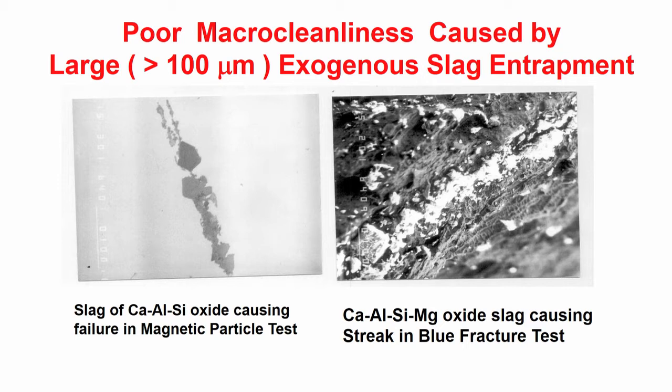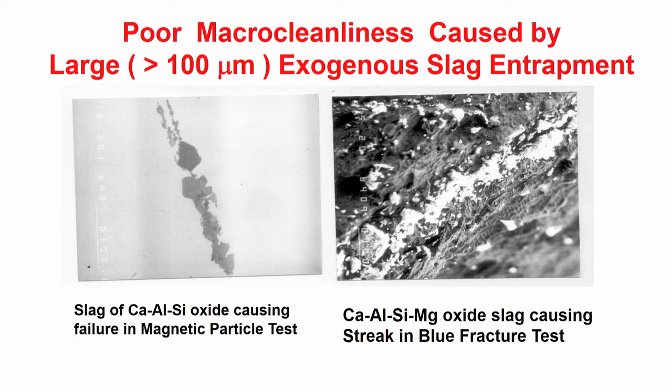So, I am giving you here 2 examples of large inclusions. This one is a surface defect which has come on a roll product.